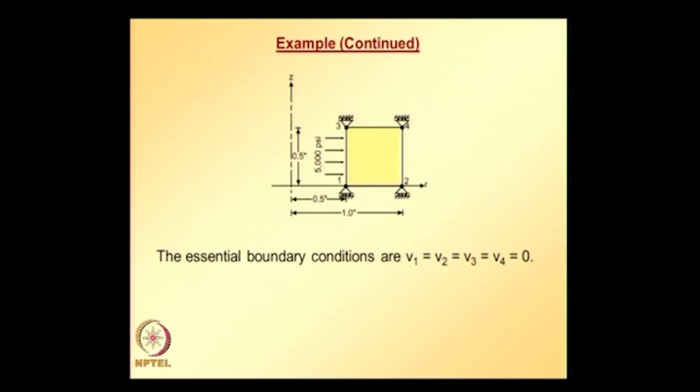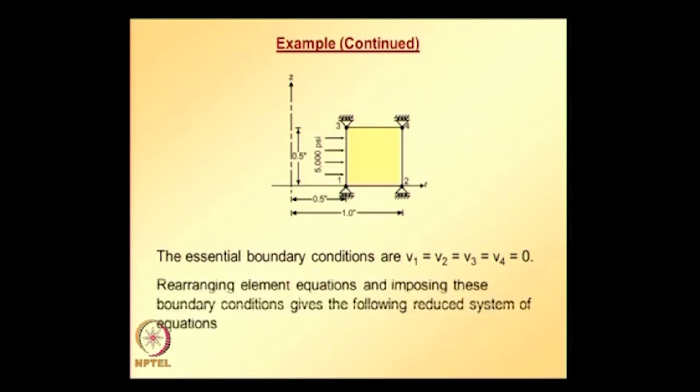After rearranging based on global and local degrees of freedom and imposing the essential boundary conditions, since they are 0, we can eliminate the rows and columns corresponding to those locations, and we get the reduced equation system.